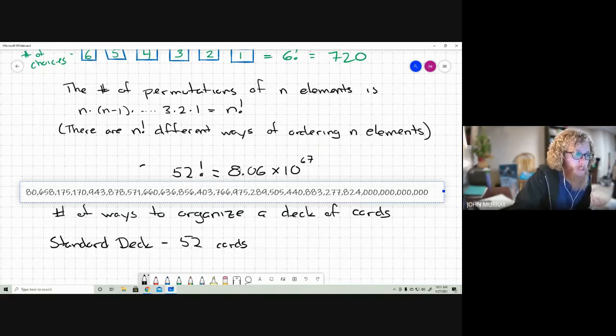And again, this is the number of ways to organize a deck of cards. So theoretically, anytime you shuffle a deck of cards, anytime you take any deck of cards and just do whatever with them, more than likely, statistically, that arrangement of cards has never been seen in the world before.